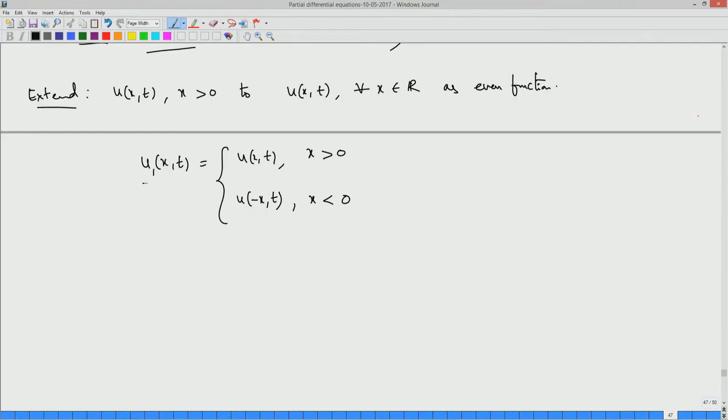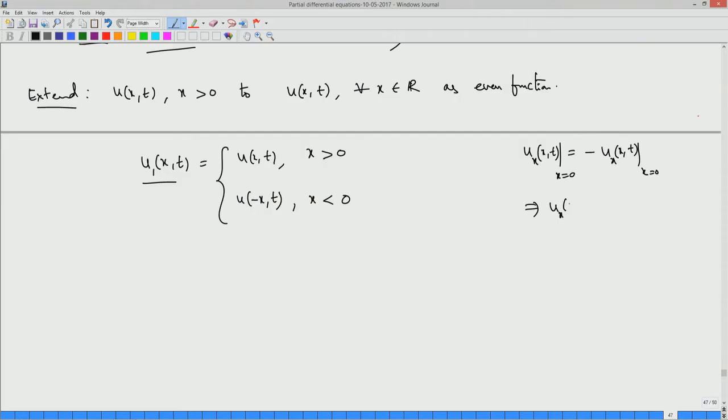So you want this to be a solution. If this is a solution of the equation, it has to be twice differentiable and continuous. If you use the continuity, you differentiate: u x of minus x t equal to minus u x of x t, and differentiability at x equal to 0 means it has to be continuous.